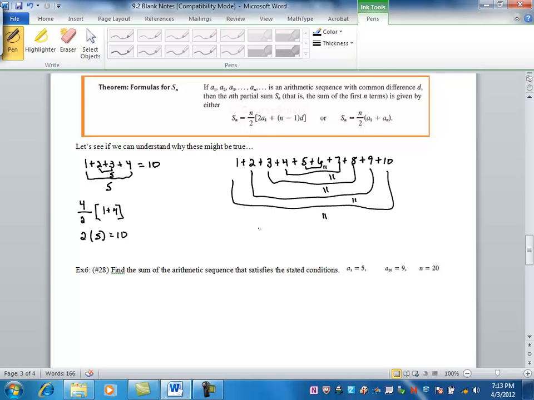Notice that we've got 5 pairs, or 10 divided by 2 pairs. And a sub 1 is 1 plus a sub 10 in this case is 10. We've got 5 times 11, which is 55.